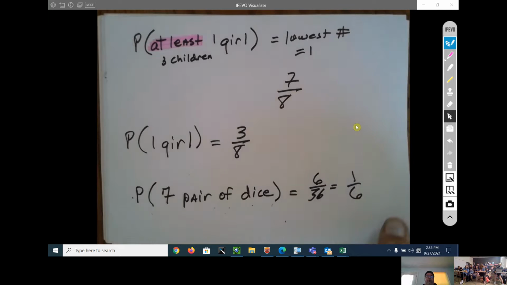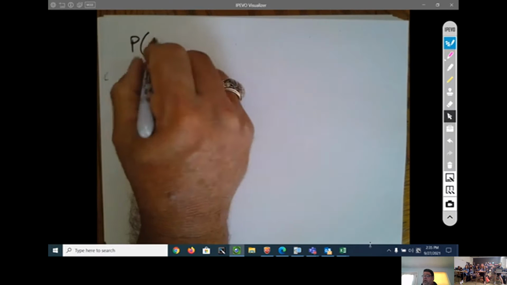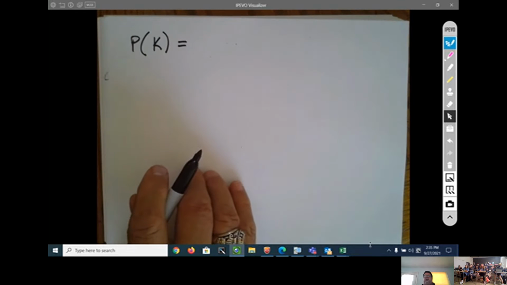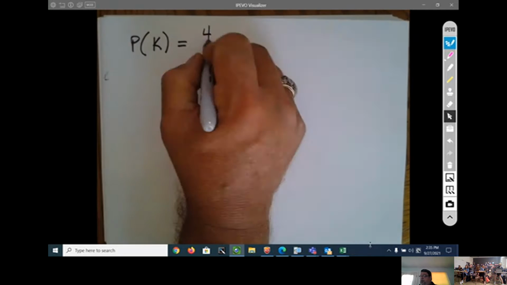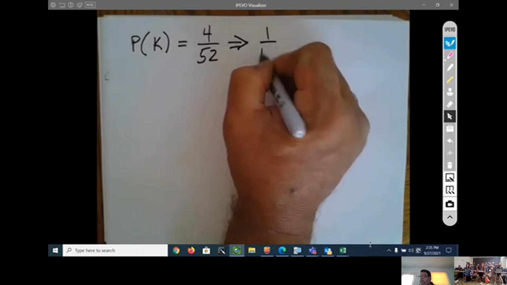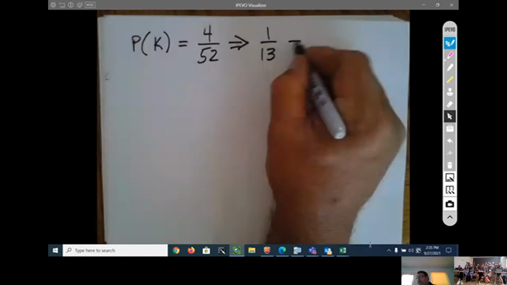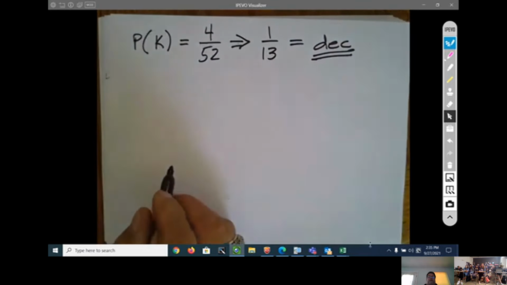Let me give you 3 more. What is the probability of picking a king out of a deck of cards? 4 out of 52, which is 1 out of 13. Round the decimal according to instructions.